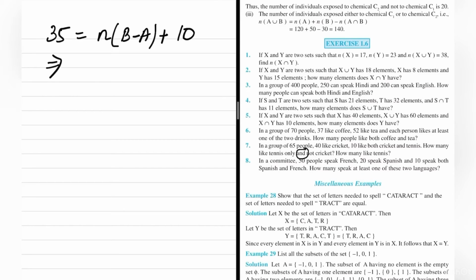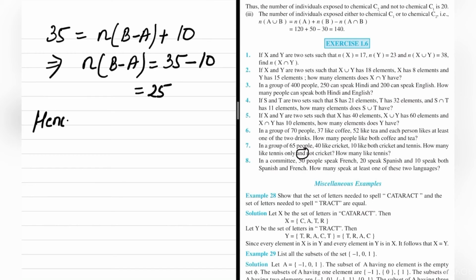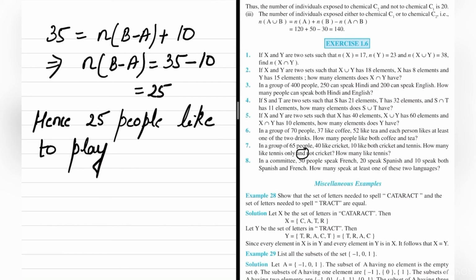From here you will get 25, so hence 25 people like to play tennis only but not cricket.